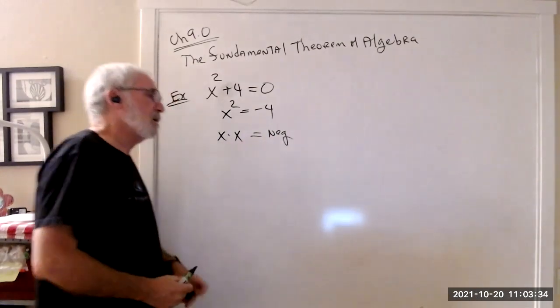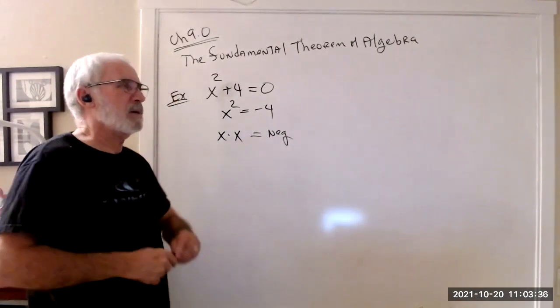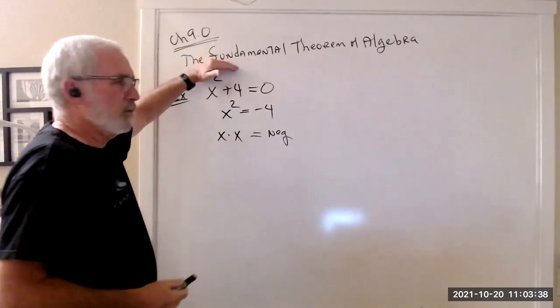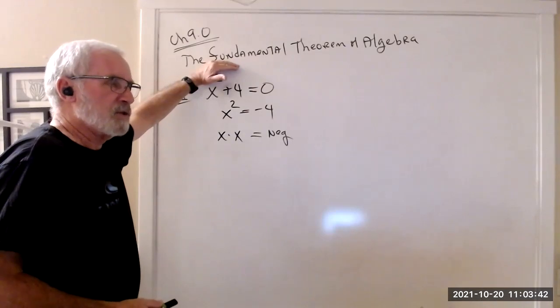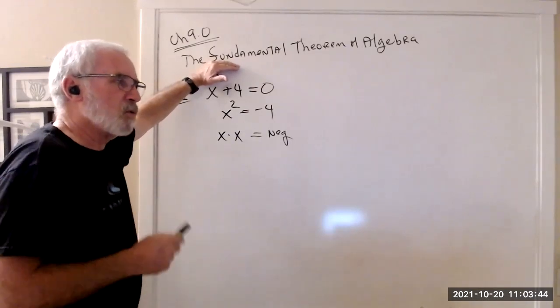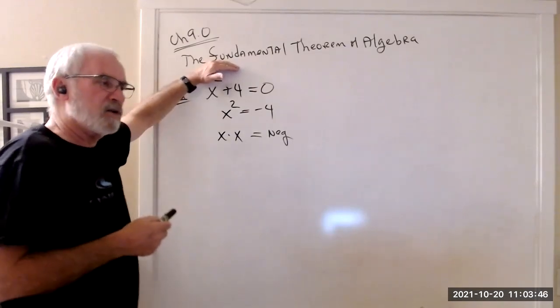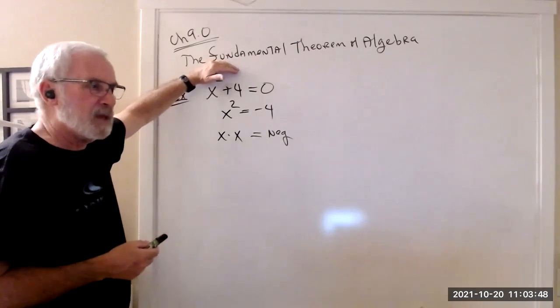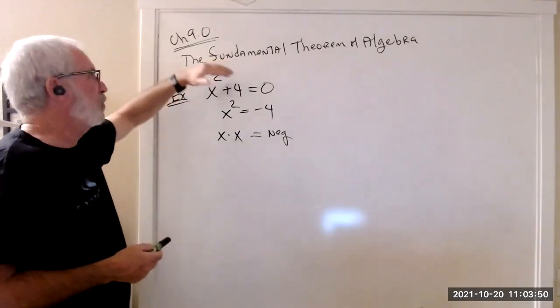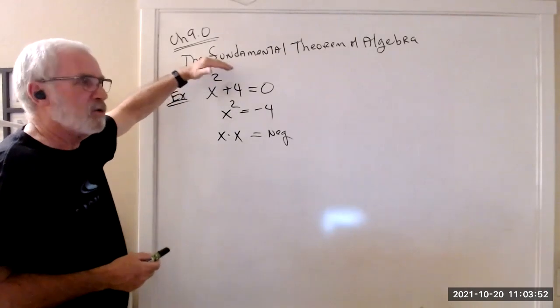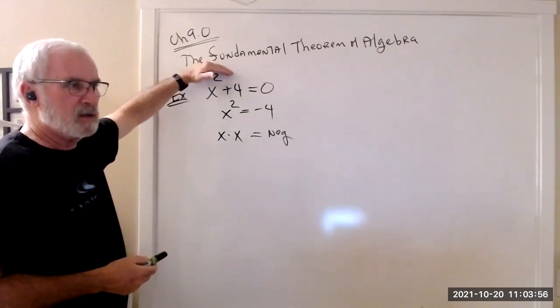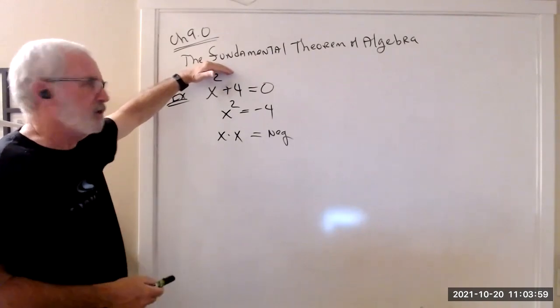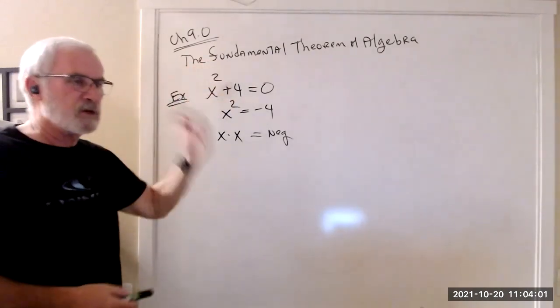But mathematicians said, but wait. This fundamental theorem is correct. So they said there must be something wrong with our fundamental understanding of mathematics, because this theorem is correct, and we've used it in all kinds of situations. And it's never failed us until here. So there must be something wrong.